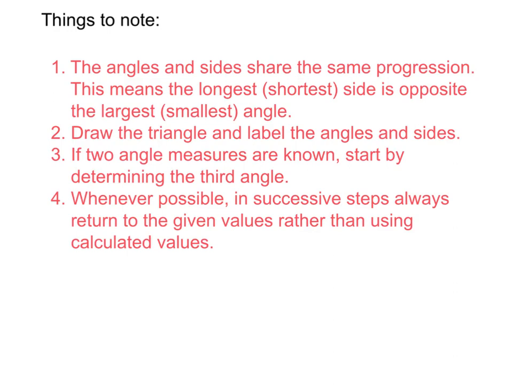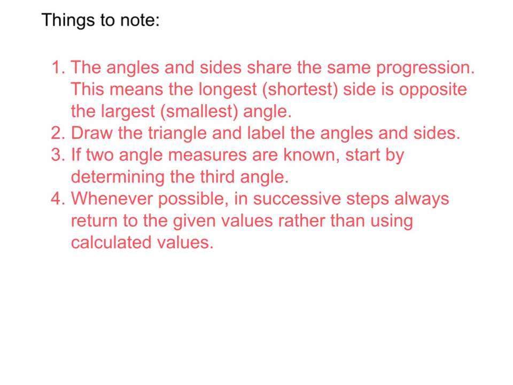The minute you use a calculated value, you are opening yourself up to a mistake in how you put things together, or to rounding error, because a lot of times the answers are not going to be nice numbers. There's going to be decimals and you're going to have to round things off. And the minute you round off and then use that value, you're going to compound the error.